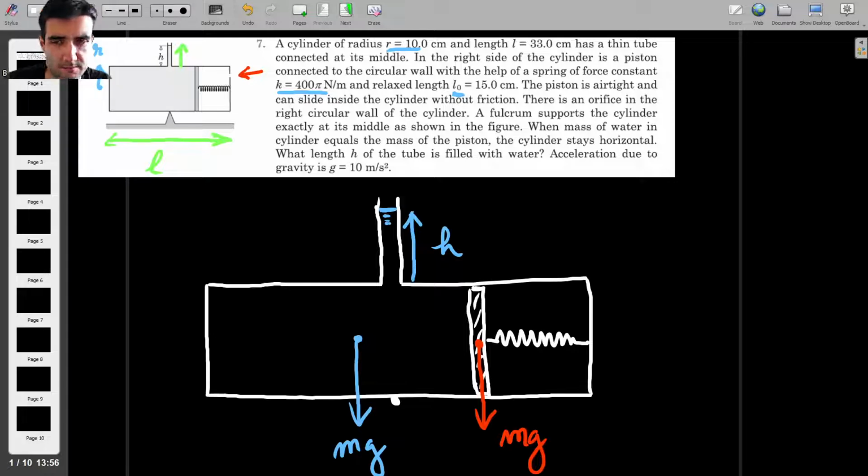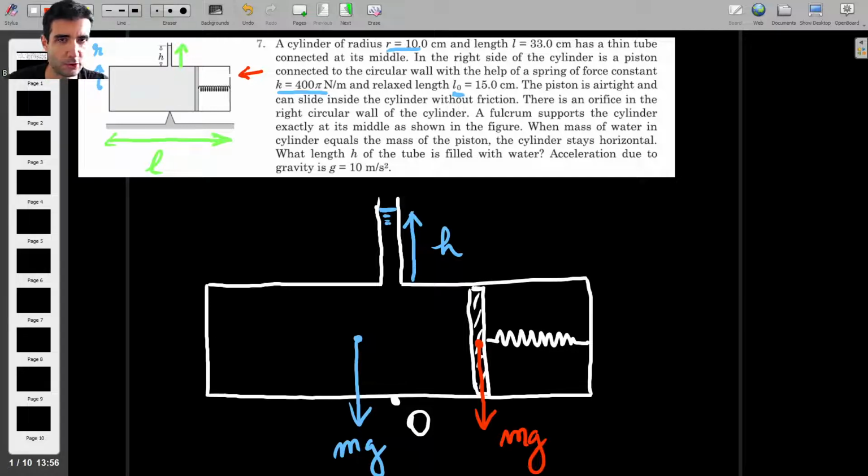Now here's something that is worth noting. Those are the only two forces which are producing moments about this fulcrum point that let's call O. Which means that the moment caused by the red force is equal to the moment created by the blue force.